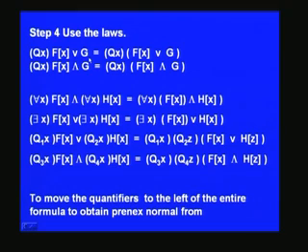Similarly, if you have q of x, f of x and g, where g does not contain x, you can write it like this. And for all distributes over and, so this one can be replaced by taking for all of x out and writing this way. This for all of x f of x, and for all of x h of x you can write as for all of x f of x and h of x.